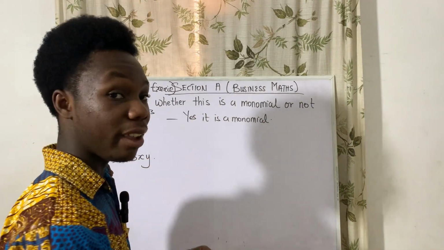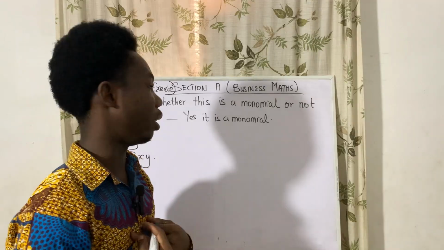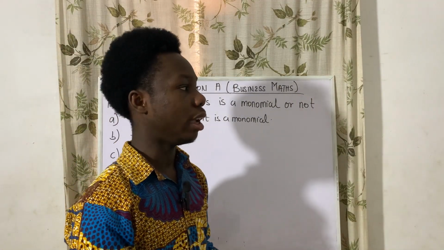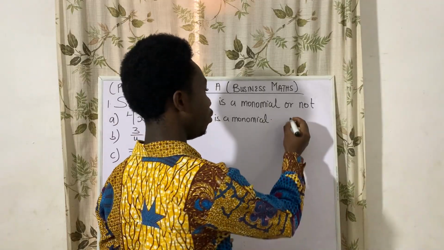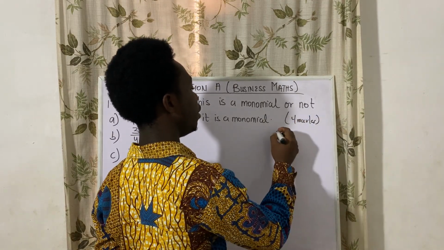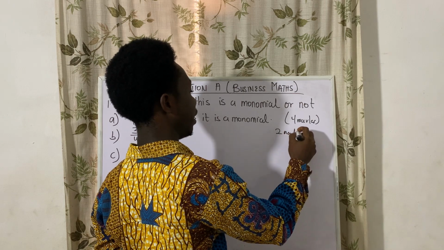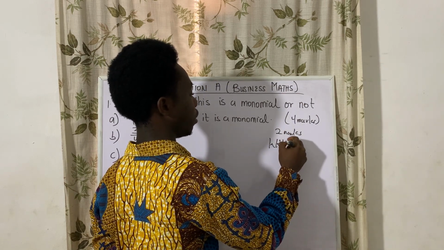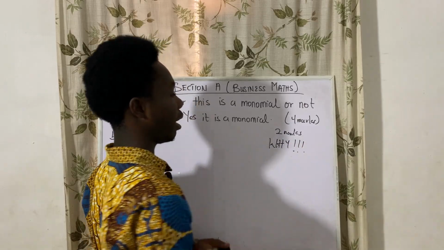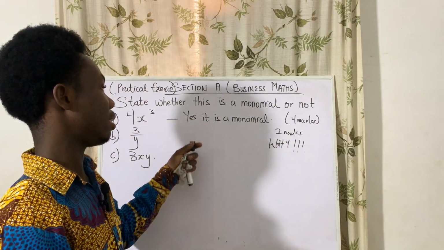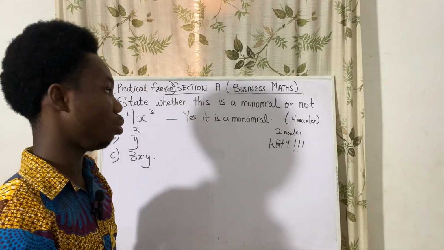Now, if I'm a lecturer and you state yes, it is a monomial, and I'm supposed to give you 4 marks, I'm going to give you 2 out of the 4. Why am I giving you 2? Yes, it is a monomial. Why is this a monomial?